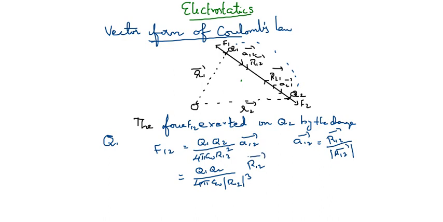Now let us see the force exerted by Q2 on Q1. F21 is the force exerted on Q1 due to the charge Q2.